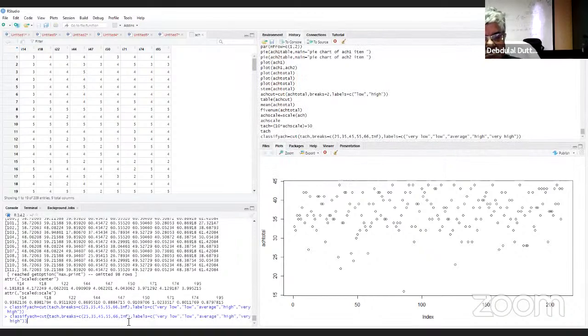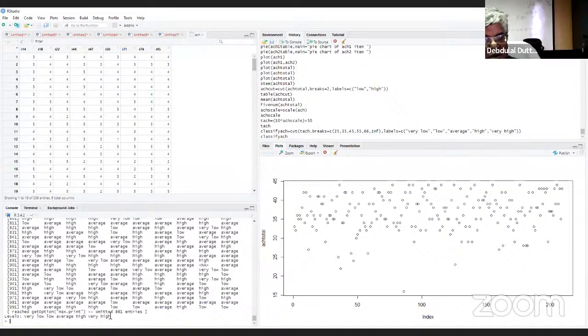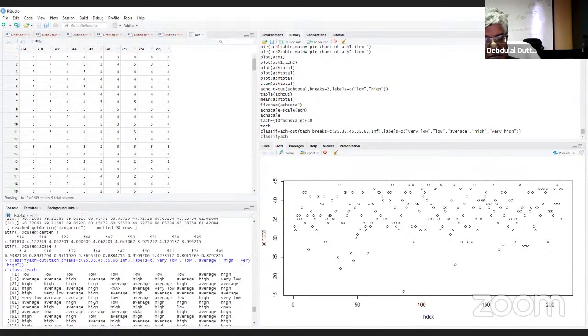Now, if you see, classical table. So this is the entire classification. Okay, so each individual is classified. That is low achiever or high achiever. So each individual is classified as low achiever or high achiever or average.